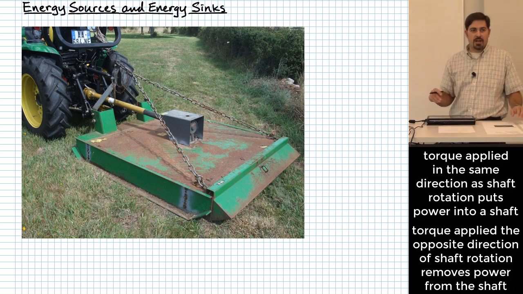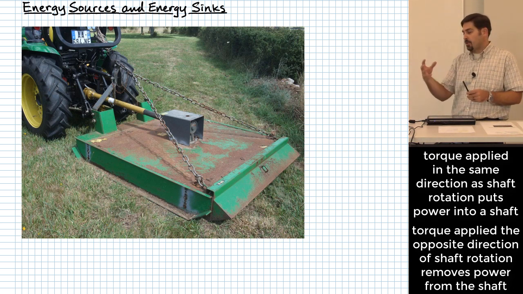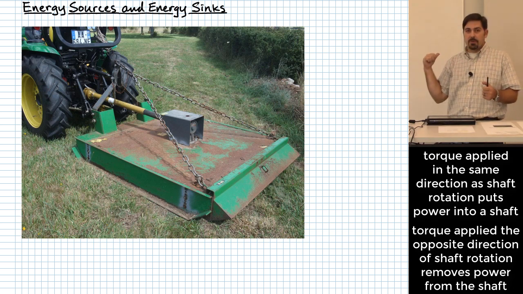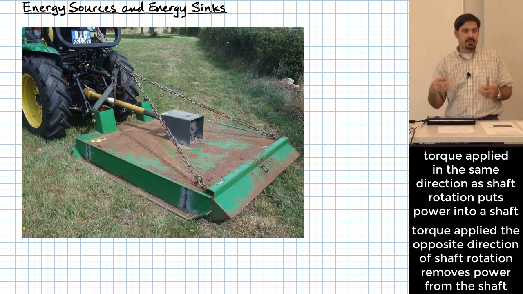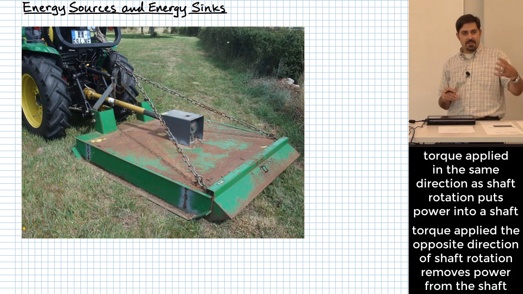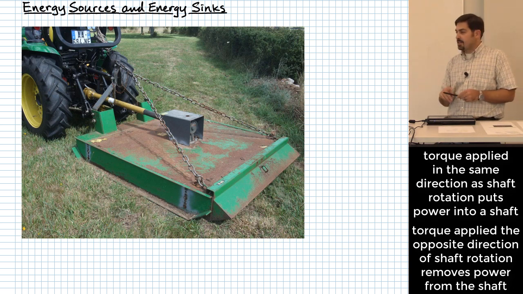And I thought a really good practical way that I could show this is with a PTO shaft that comes out of a tractor. Some of you have some experience with this, others of you might not, but basically a PTO shaft on a tractor is designed to deliver energy to some implement that you put on the tractor, and it does that just by rotating that shaft, right? So the source of energy is the engine of the tractor. It's then putting that energy through the PTO shaft and going to the thing that needs the energy.